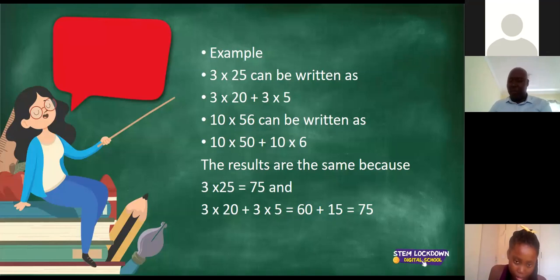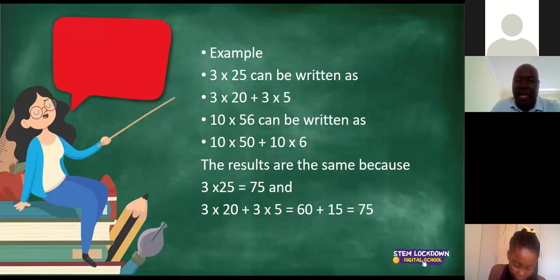You multiply 10 by 50. So you'll have 10 multiplied by 50 plus, again, 10 multiplied by 6. And of course, 10 times 50 gives you 500, and 10 times 6 gives you 60. So at the end of the day, your answer there should be 560.